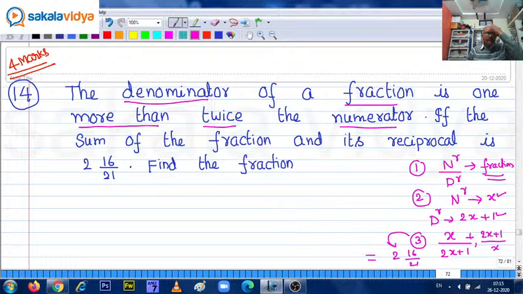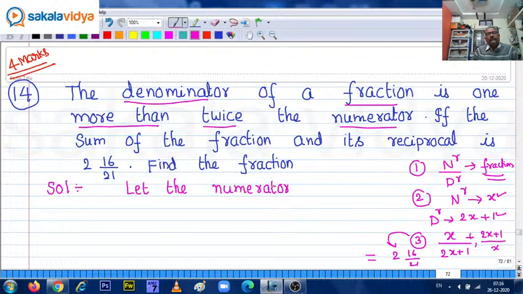Okay. So now first let us write the solution. Let the numerator of a fraction be x.